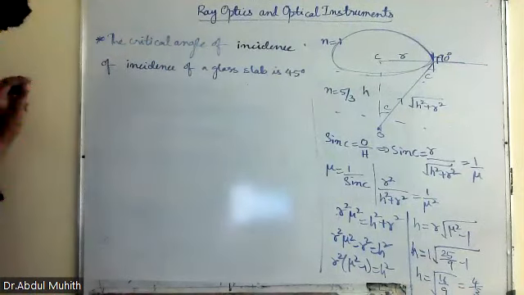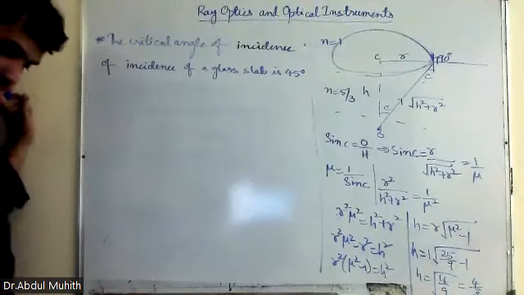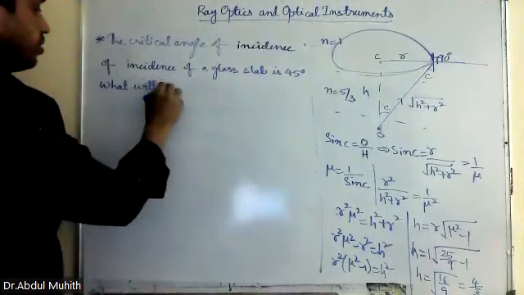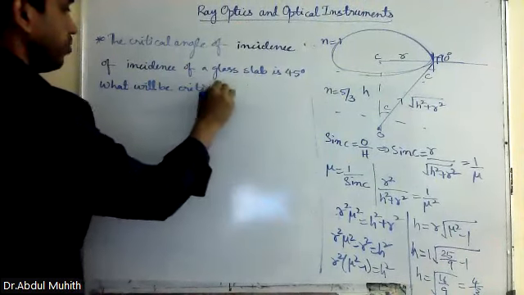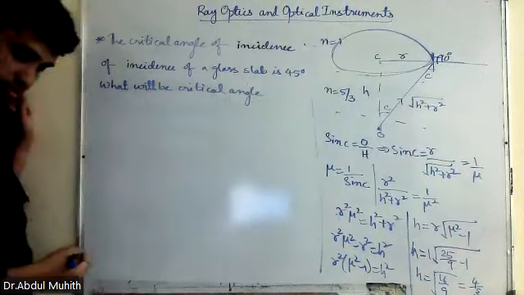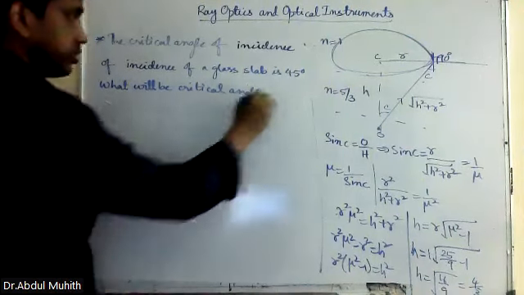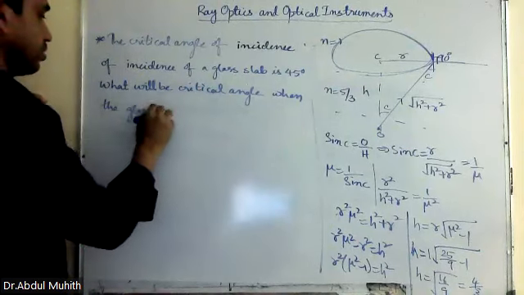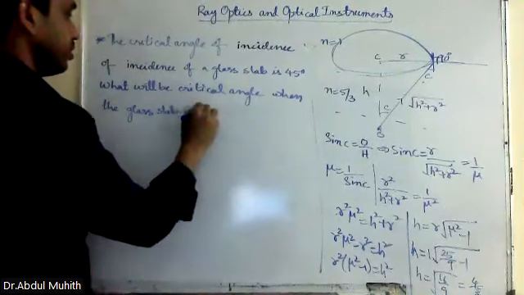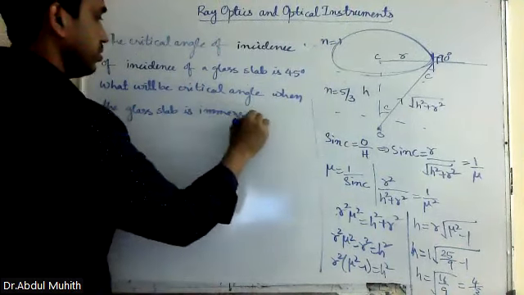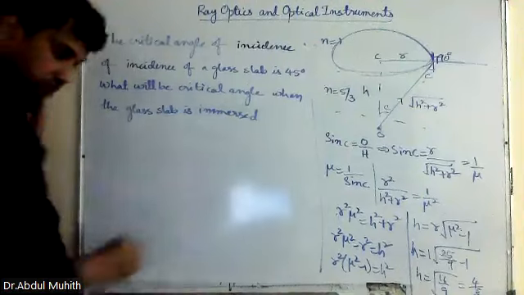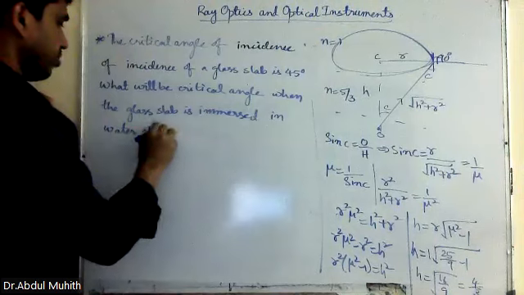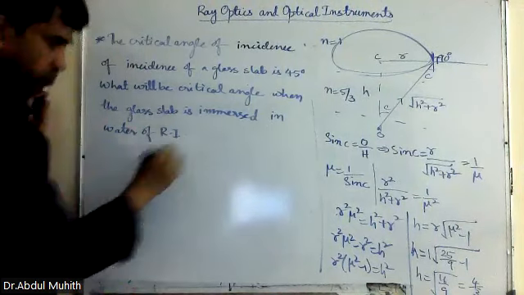What will be the critical angle when the glass slab is immersed in water of refractive index 1.33?